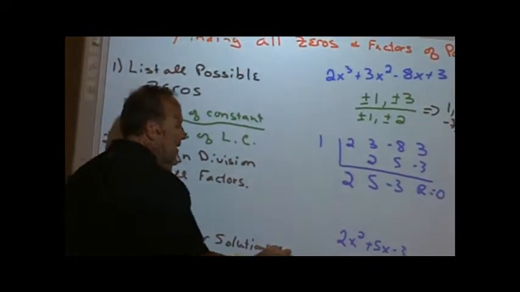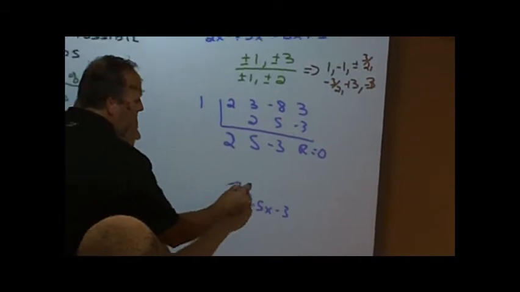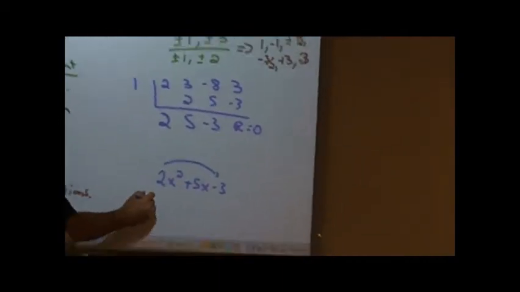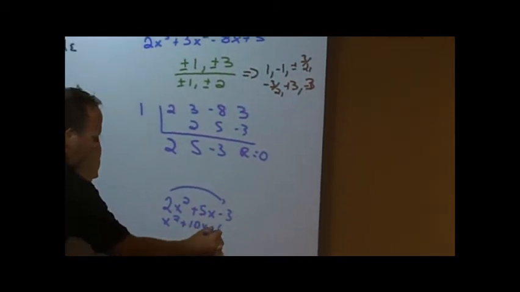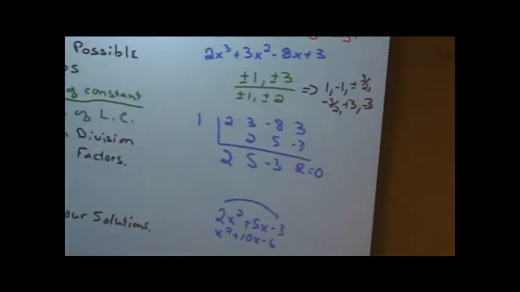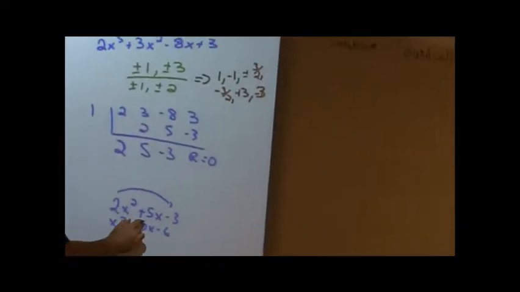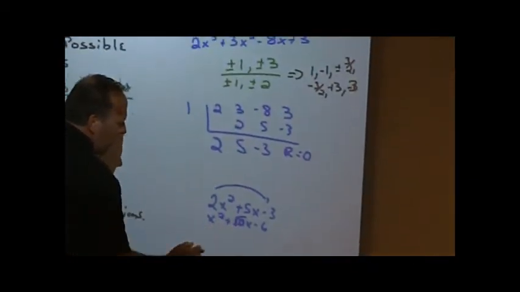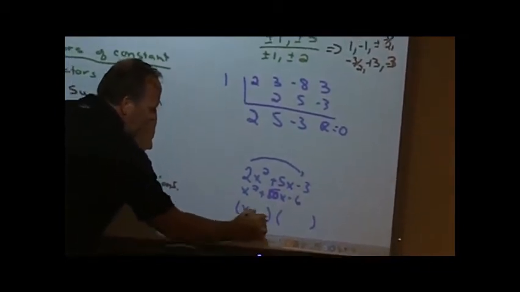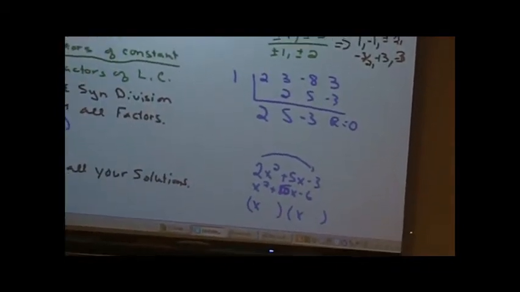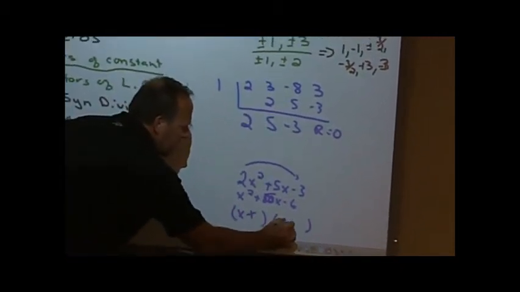If I do that, I'm going to come here, multiply that. That gives me what? X squared plus 5x minus 6. Okay? So that gives me my binomial down here below. I got x and x. What are my signs going to be? Plus and minus.